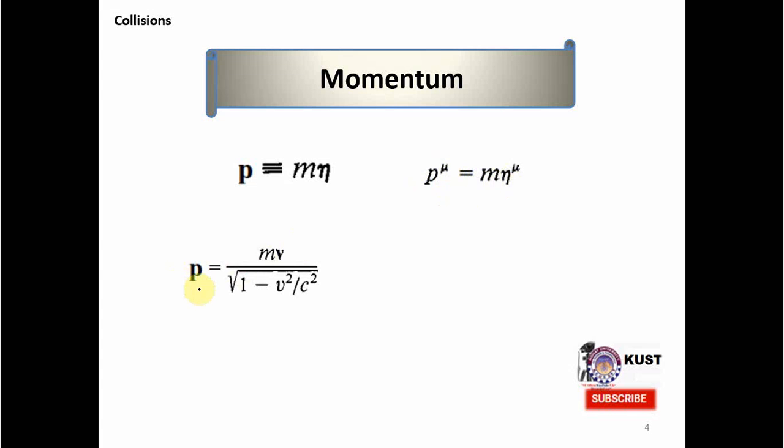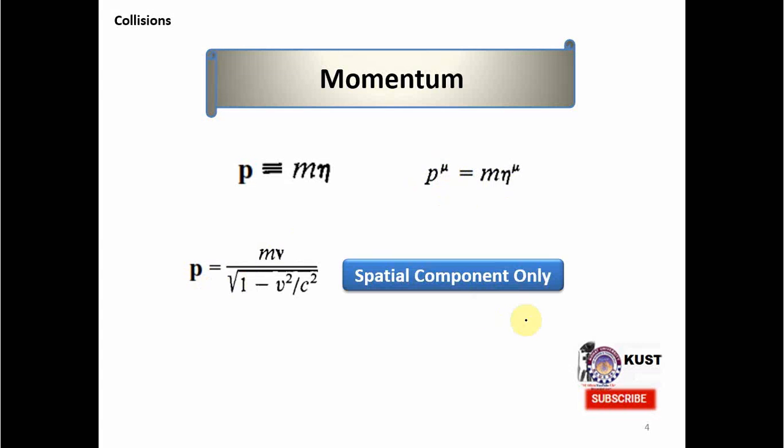First of all, this is the spatial component of momentum only, and here you can see mass multiplied with velocity, although it is a relativistic one because you see the gamma factor over here, 1 over square root of 1 minus v square by c square, but it's the spatial component of the momentum.